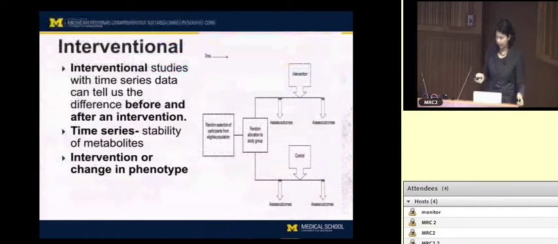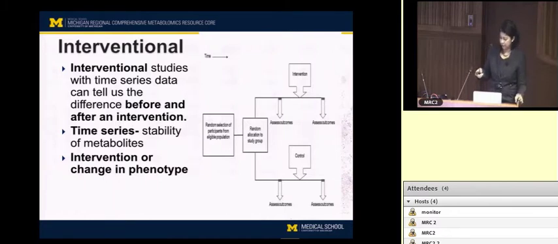In interventional or time series studies, you have an opportunity to do a before, after, either an intervention or change in phenotype. This gives us an idea about the stability of the metabolites as well. If you have a longitudinal study that you're following over many years, you have an opportunity to see whether you're able to measure a metabolite that predicts something over time. Is that reliable? So if you have many time points, that's a good thing to figure out.